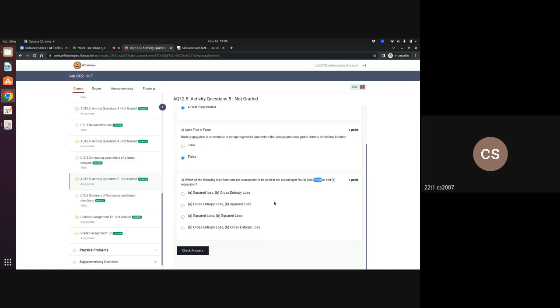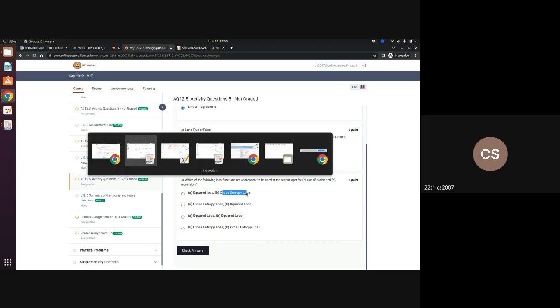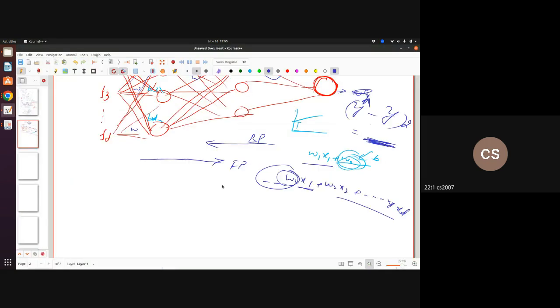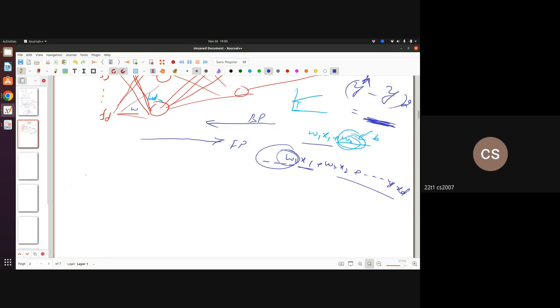So binary cross entropy loss is what you use in case of binary classification. If it is general classification where the number of classes could be any, then cross entropy loss is what you would use. Cross entropy loss is just a generalization of the binary cross entropy loss.